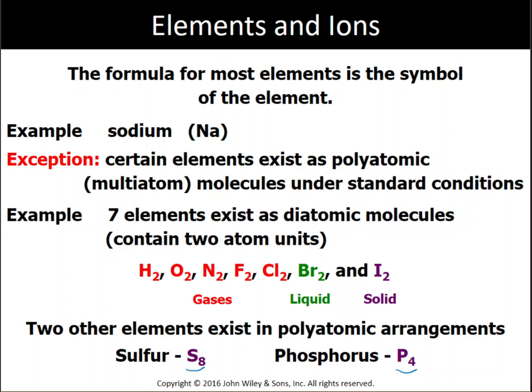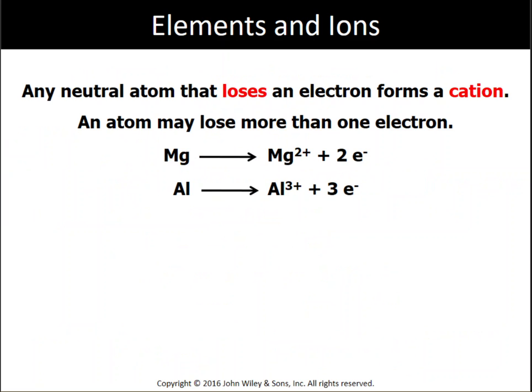Now, oftentimes, elements form ions in order to form ionic compounds. Formation of ions is done through the transfer of electrons. So if a neutral element loses electrons, it forms a cation. Cations are species that have a positive charge on them.